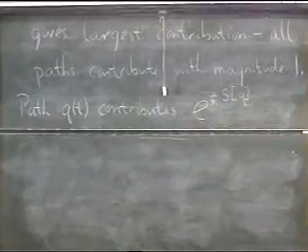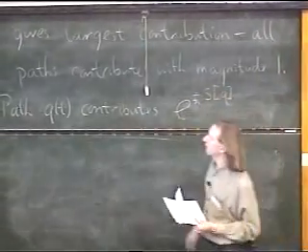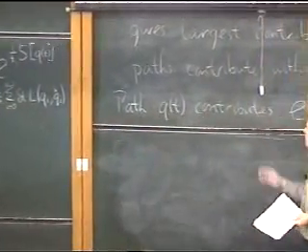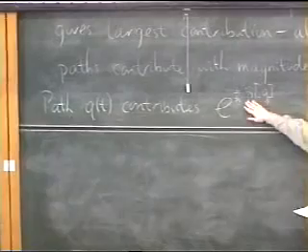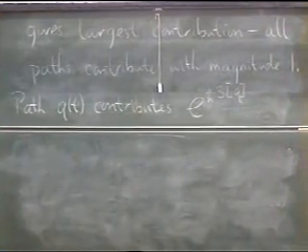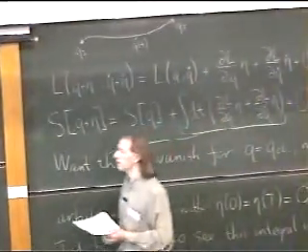You work out what the action is, put it in there, and that's this factor here. So it's e to the i times some real number, so it's some phase, and that's the contribution you get from that path. Now we'll look at some nearby path, like this Q plus eta here.